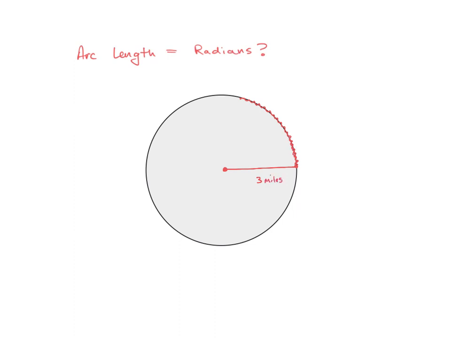I would have to travel about 3 miles in order to create an angle of 57.3 degrees, because in this case, my radius is equal to my, let's say, arc length of 3 miles, and in turn giving me an angle measure of a radian.